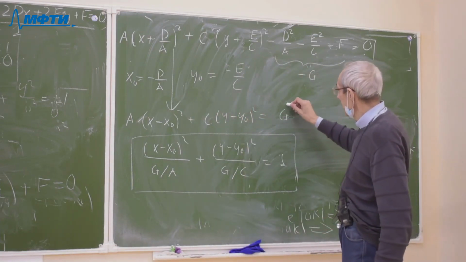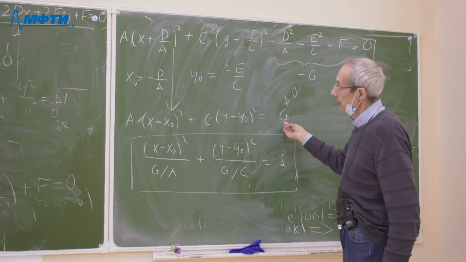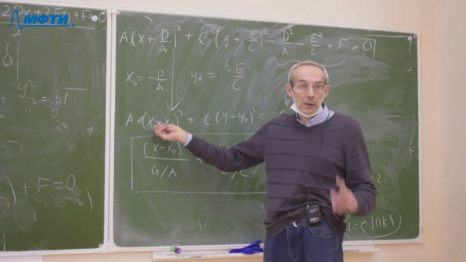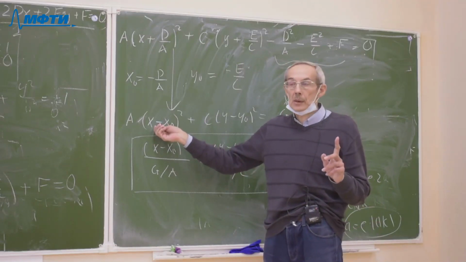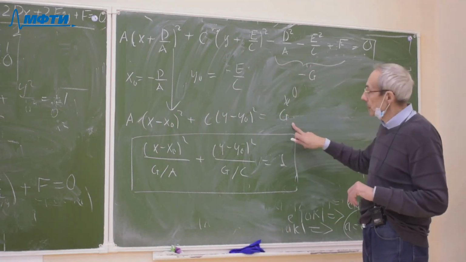In the first case, we suppose that G is not equal to 0. If G is equal to 0, we obtain that this equation defines only one point, x0, y0.